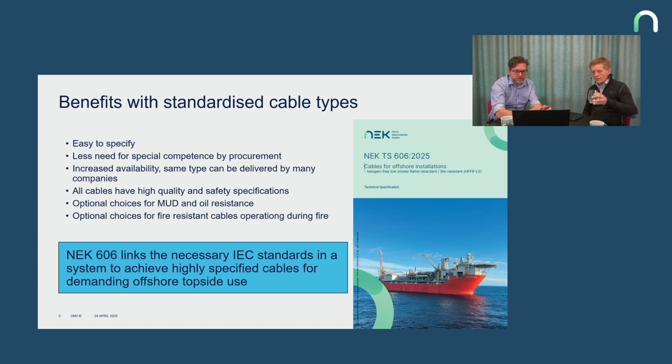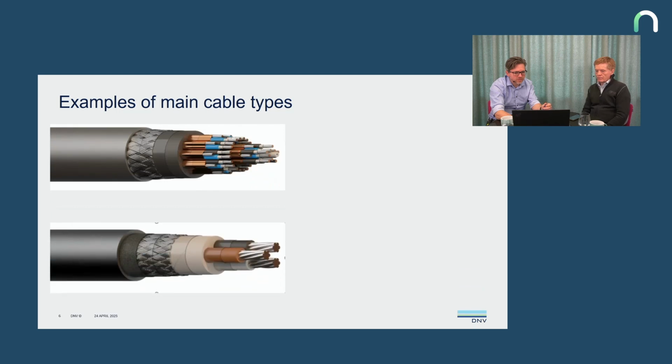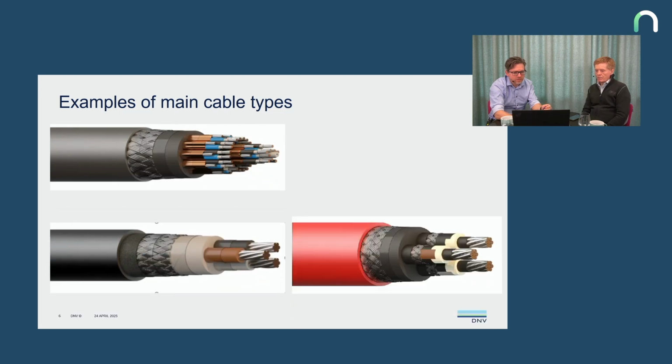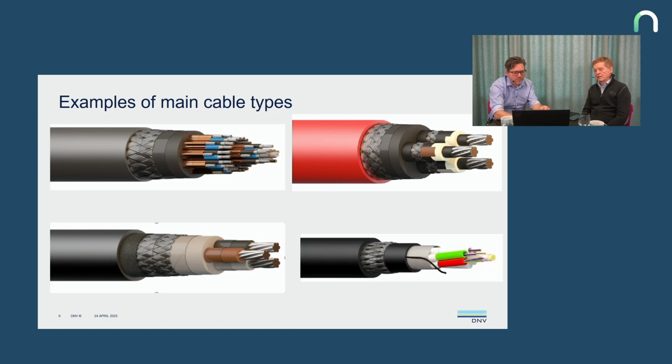Okay, and also here on the slide we can see the cover page of the new edition of 606. So we got a picture here from Johan Castberg. Yes, so we have some examples of main cable types here. There are 4 of them. The first one up left is a fire-resistant control and instrumentation cable.